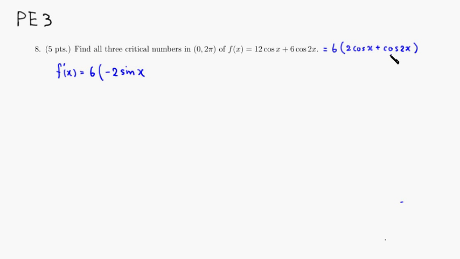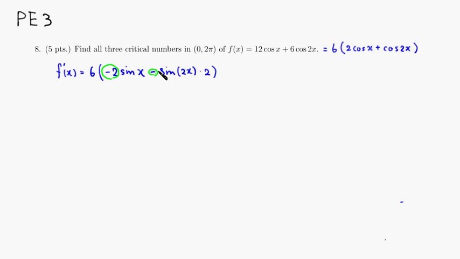Then the derivative of cosine of 2x: the derivative of cosine is negative sine, and then of 2x, but we need to multiply by the derivative inside, which is 2. So it looks like we have negative 2 in common.